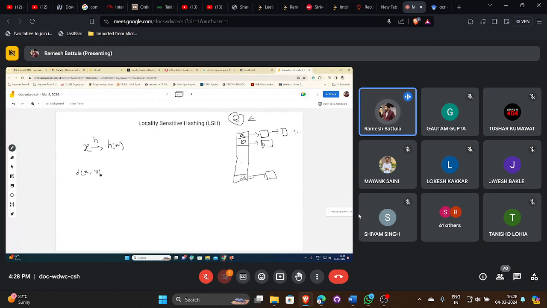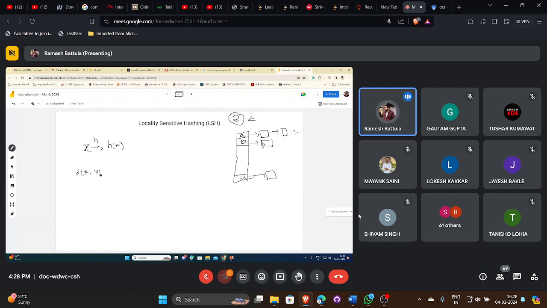This is a function which measures the space between two points, and it provides a real number. Based on this d of x comma y, we need to prepare some exams.